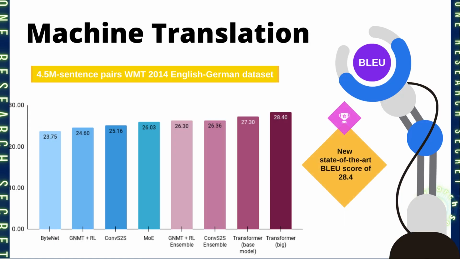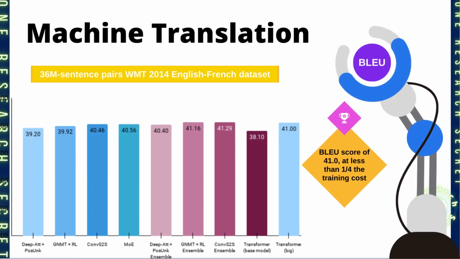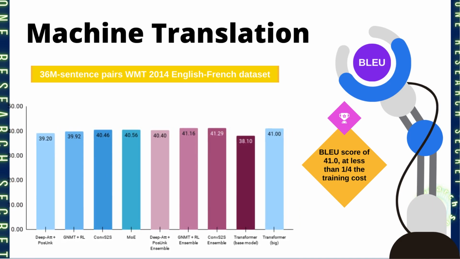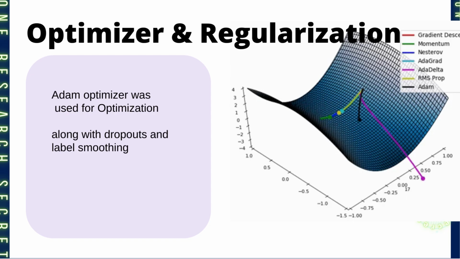For English to German, it achieved a new state-of-the-art BLEU score of 28.4. For English to French translation, it achieved a score of 41, at less than a quarter of the training cost. Adam optimizer was used for optimization along with dropout and label smoothing for regularization.